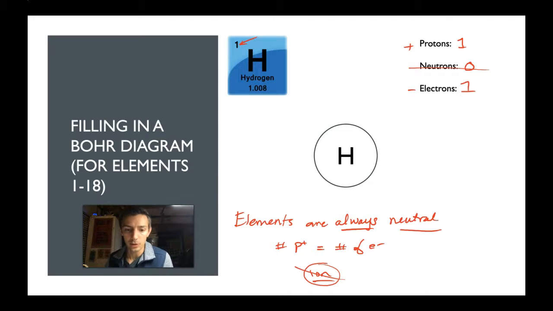You always assume, though, if you are given an element, it's neutral. So in this case, we're given an element, it's just hydrogen, and it's neutral, so it's got 1 electron. Let's go ahead and draw where that electron goes. There we go. That's the Bohr structure of hydrogen. 1 energy level with 1 electron on it.